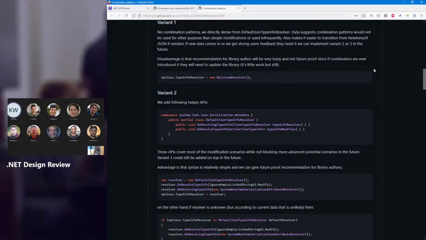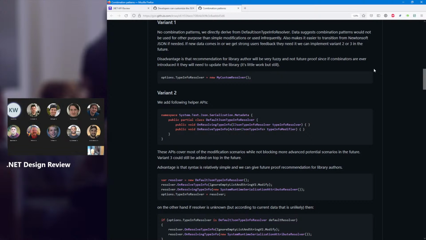On the other hand, if we provide variant 2 or variant 3, and I will get into variant 3 later, variant 2 enforces how you write resolvers. You would write any method which takes JSON type info as the argument and returns nothing, and that enforces a really simple pattern so that people don't inherit. They can just write a simple lambda.